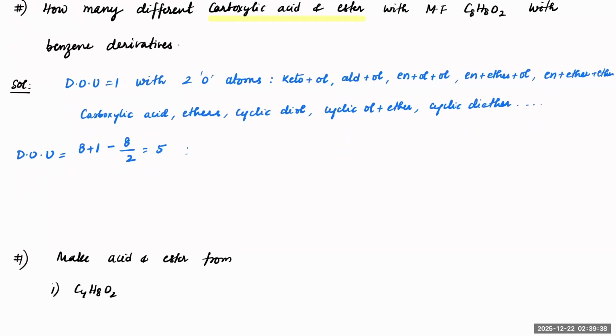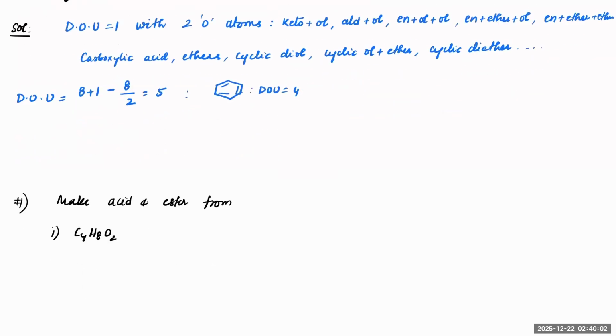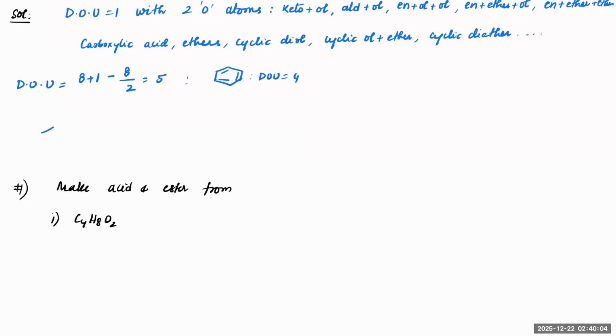Now have you noticed that when I simply write benzene, you're already consuming DOU 4. DOU 4 is already consumed because one ring plus 3 pi bonds is done. So if at all you have degree of unsaturation 5, that means there is one more pi bond present just above the benzene. And that's where we have to start. So on benzene, first I can have benzoic acid.